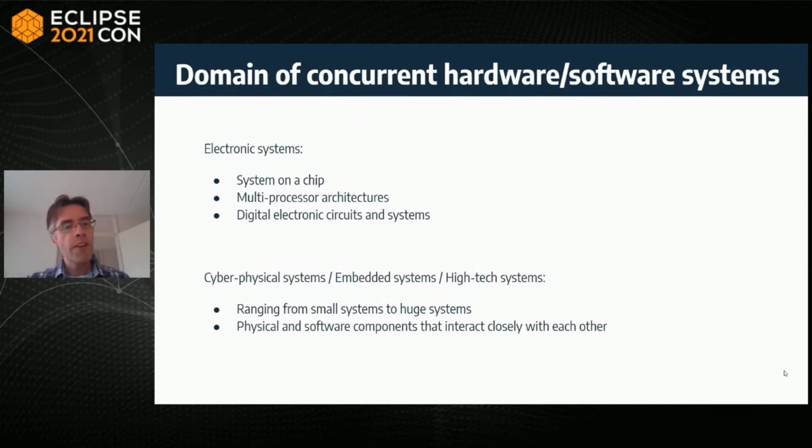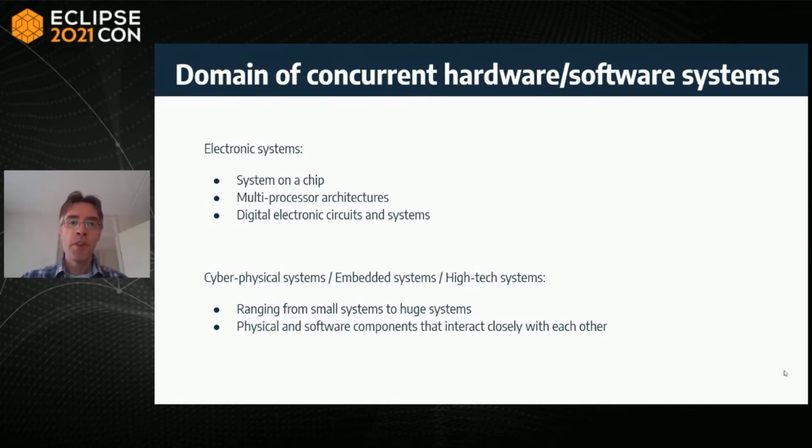And if you look at what's very characteristic for these systems is that there is again a combination of components. Partially there are really physical hardware and mechanical components, and partially there are a lot of software components with valuable functionality. And what you see over here is that these components really have to interact closely with each other. So they are independent components, but they really need to interact. And that's typically the place where it becomes very interesting.